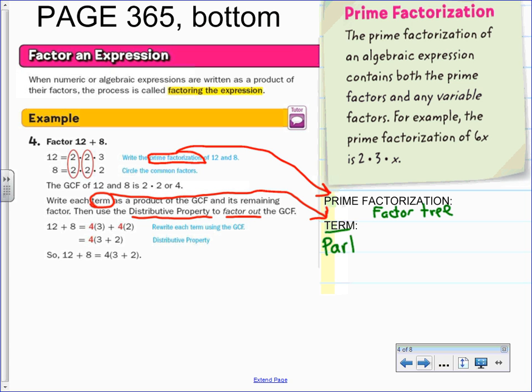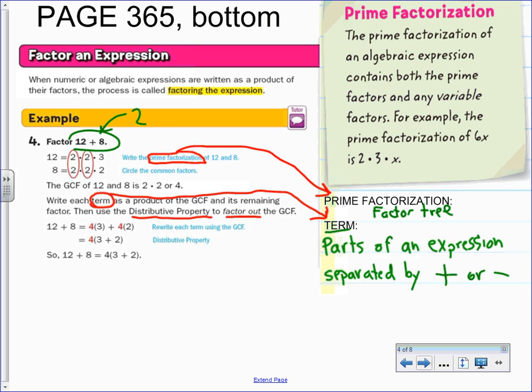Terms are the parts of an expression that are separated by adding or subtracting, plus or minus. So for example, 12 plus 8, that's 2 terms. And we're going to need this in the next lesson of simplifying expressions.